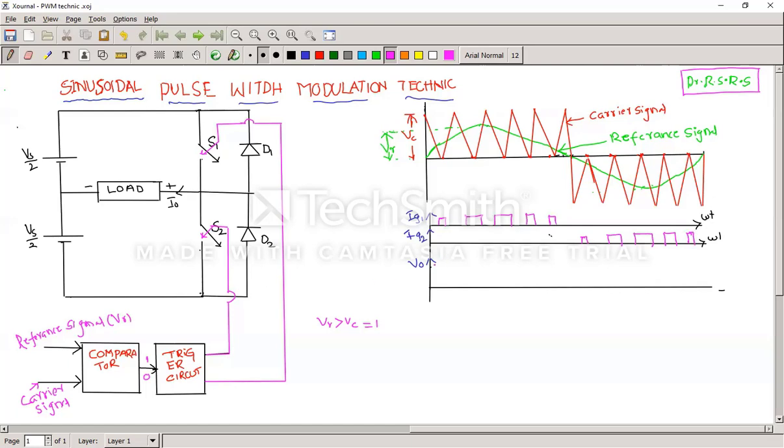If you draw the output voltage waveform, you see S1 is on, so output voltage is Vs by 2. Again here S1 is on, the output voltage is Vs by 2. In this interval, no switch is conducting. In this manner, you see closely.